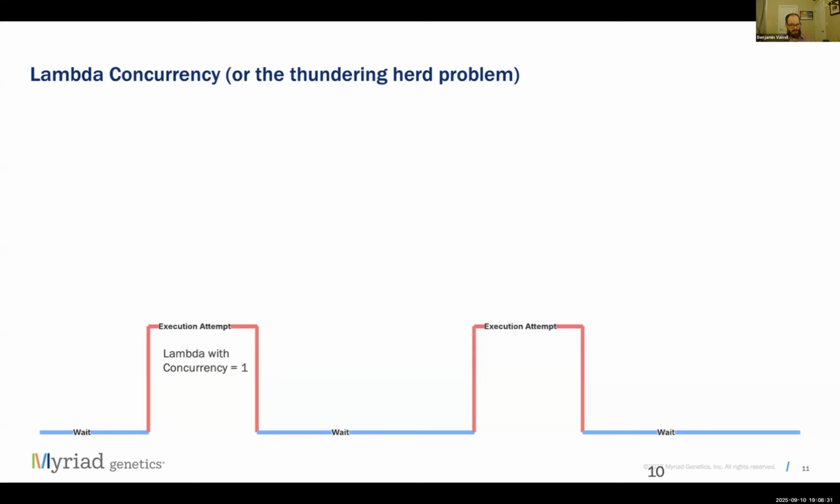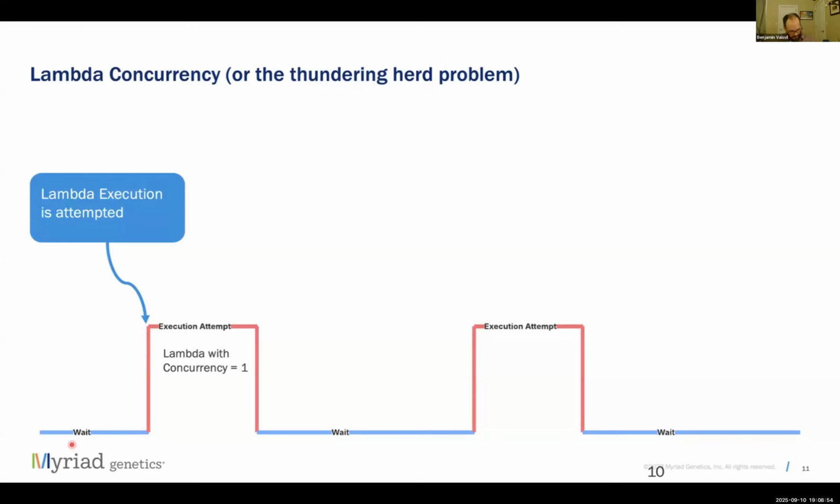These lambdas run with concurrency of 1, meaning that only one execution of the lambda is allowed in the account. While an exponential backoff worked for a lower number of simultaneous state machine executions, as the number of executions increased, so did the likelihood of those executions ending up backing off at the exact same moment. So if I can illustrate this.